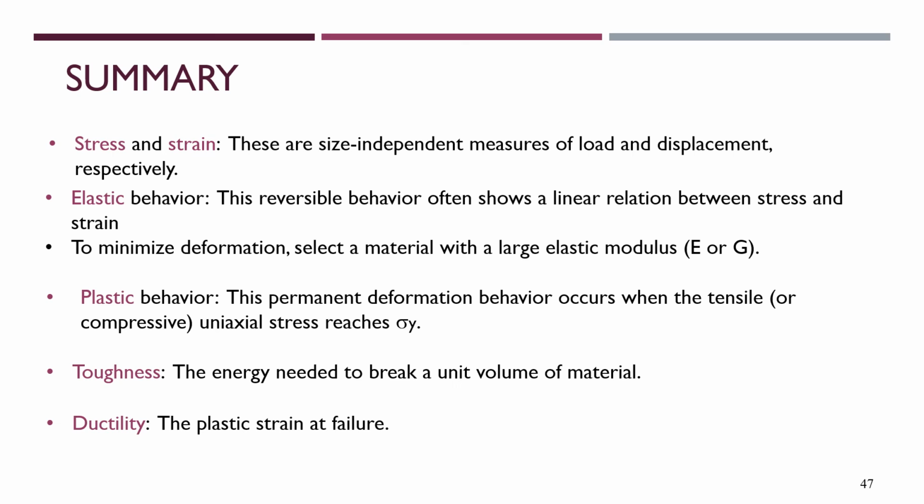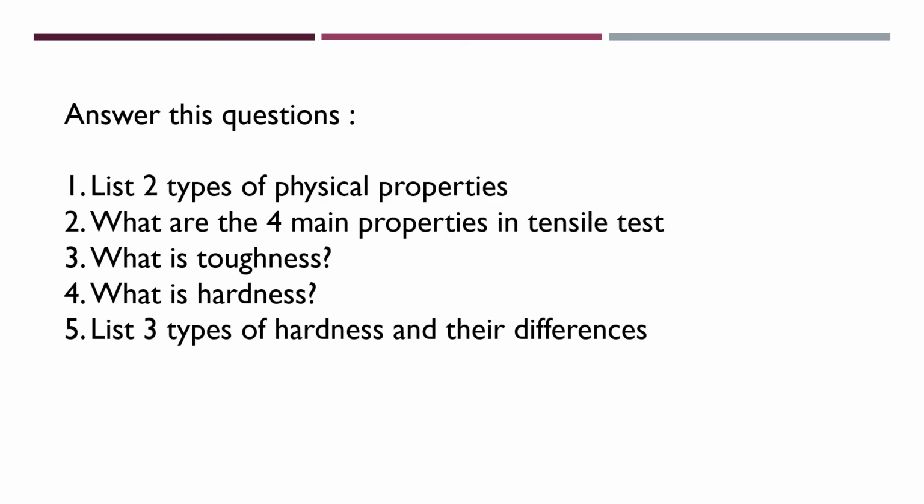Toughness is the energy needed to break a unit volume of a material, and ductility is the plastic strain at failure.